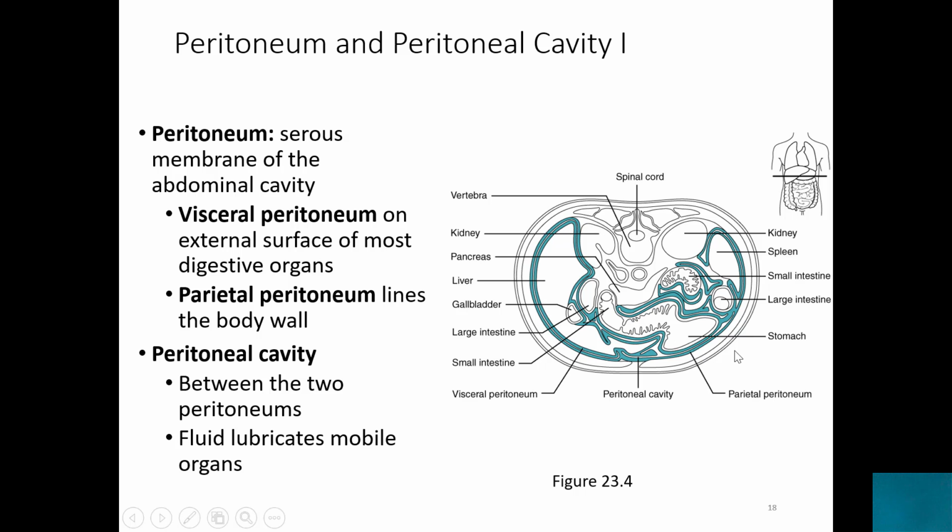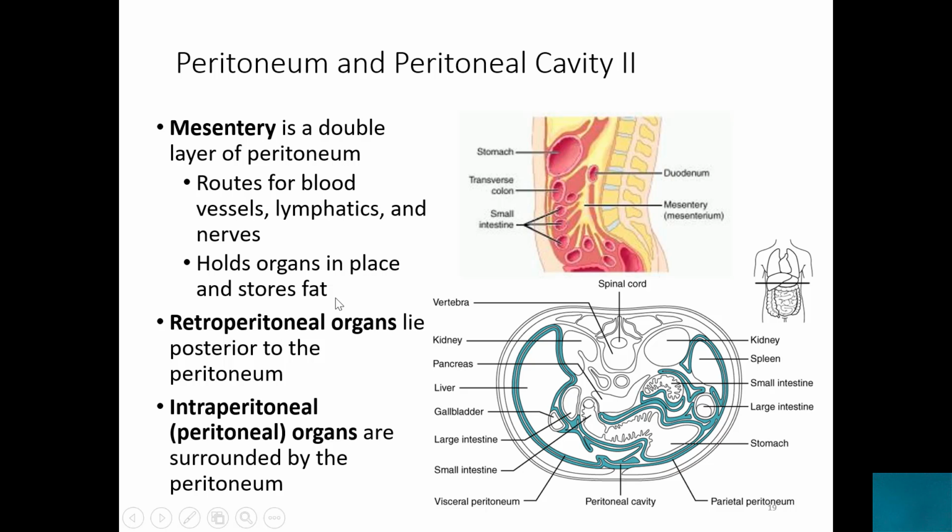Here it is. It's made of two layers. The outer layer, called parietal peritoneum, lines the body wall, while the inner layer, visceral peritoneum, surrounds most of the organs inside of the abdominal cavity. Between the two layers of peritoneum, there is the peritoneal cavity with some amount of fluid for lubrication.